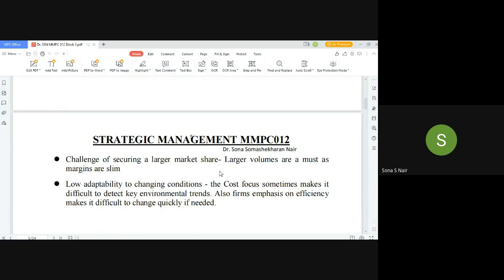Challenge of securing a large market share. There is less margin for a cost leader in the product. There could be not much of a difference between the price and the cost, so the margin is less. If the company has to make a profit, then they have to somehow get hold of a larger market share. So it's a challenge.